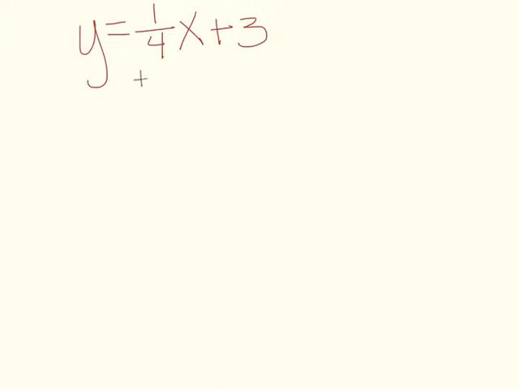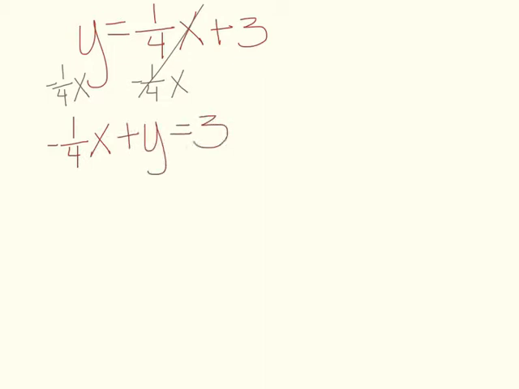I'm going to subtract 1/4 x from both sides of the equal sign. 1/4 x minus itself is 0x, so we've moved that away. So we have a negative 1/4 x plus y equals 3.